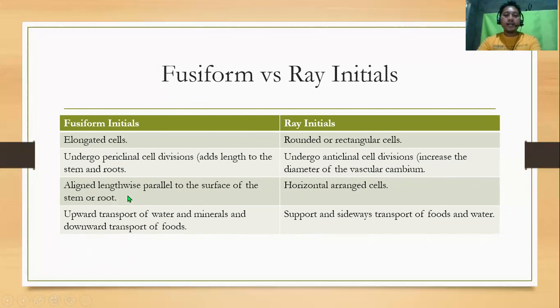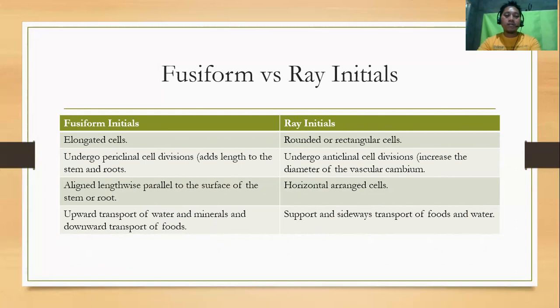Fusiform initials are aligned lengthwise, parallel to the surface of the stem or root, so they are vertical. And the ray initials are horizontally arranged cells. Fusiform initials handle upward transport of water and minerals and downward transport of foods, because they produce xylem and phloem.